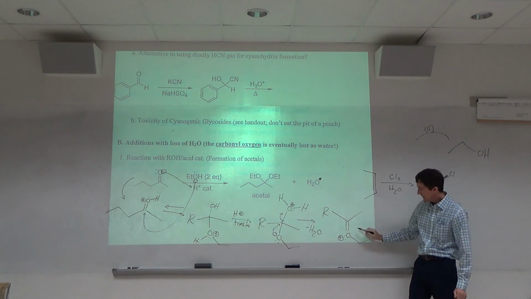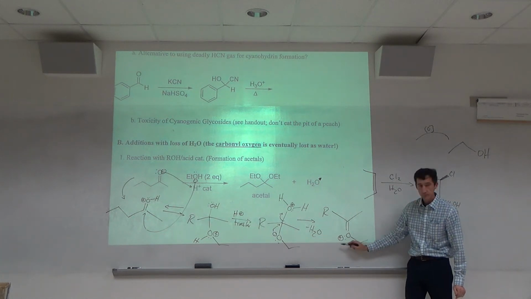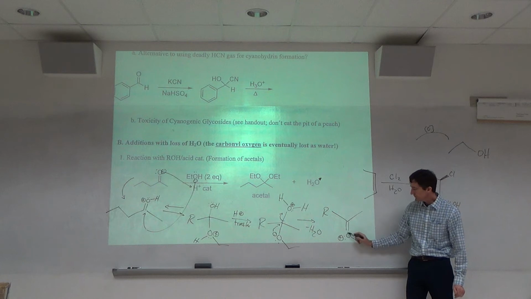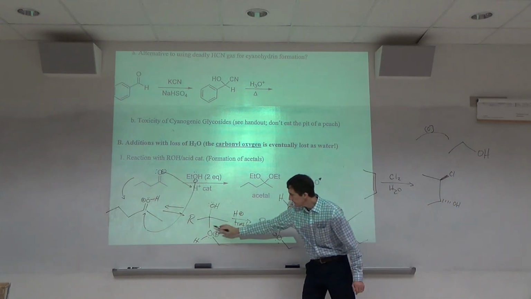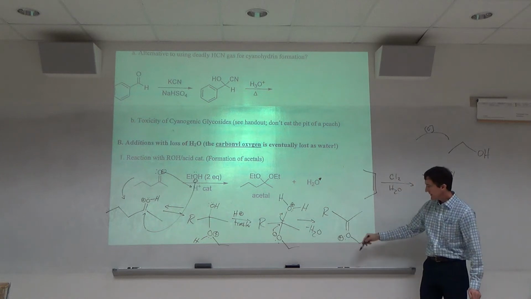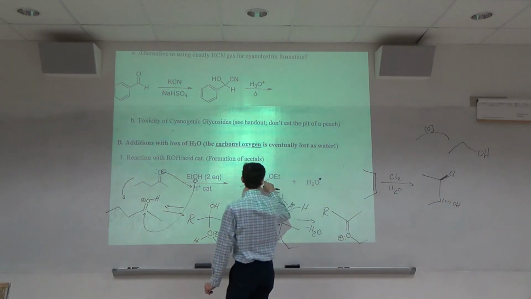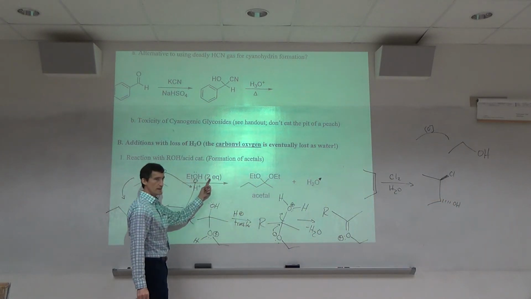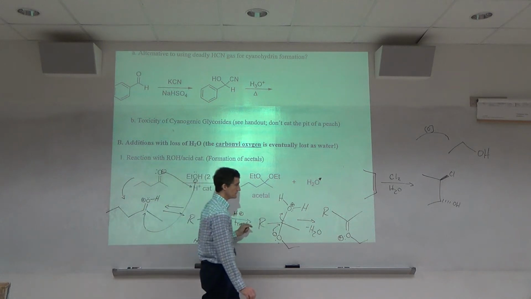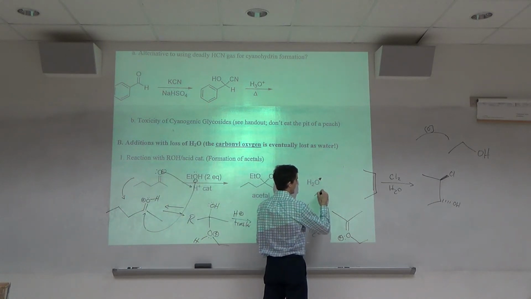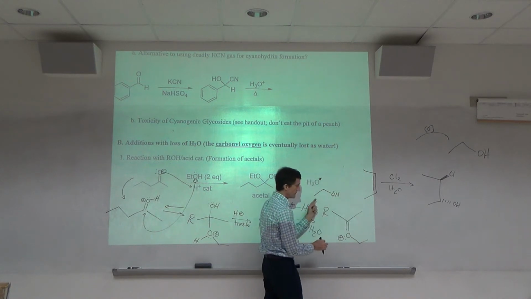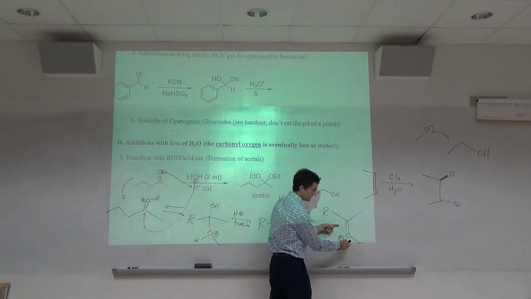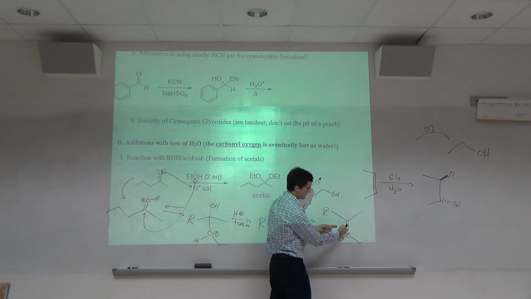How can we go neutral? A lot of times we go neutral by losing the proton. There's no proton here to lose to go neutral. I mean, we could have lost that proton or this one and go neutral, but how do we get neutral here? And how do we get the final product? And why do we need two equivalents? At this point, the only way for this to become neutral is to give it some electrons from the pi bond.